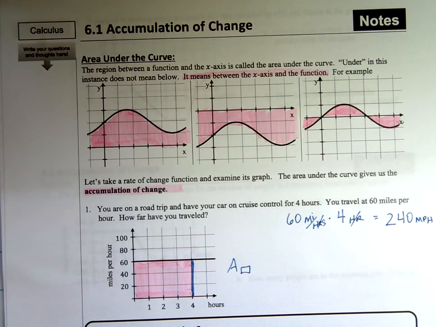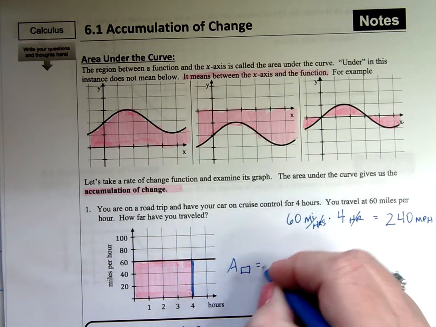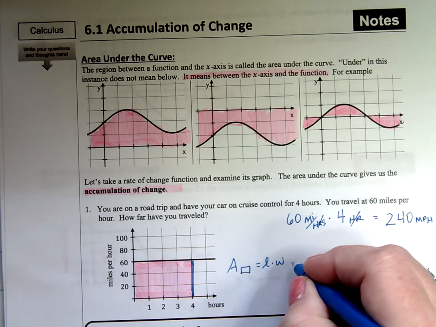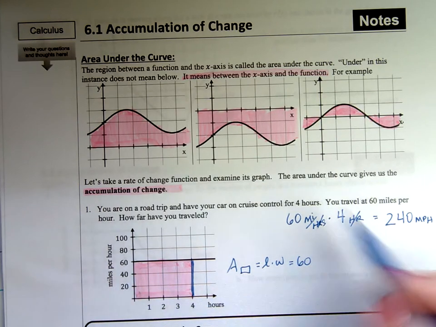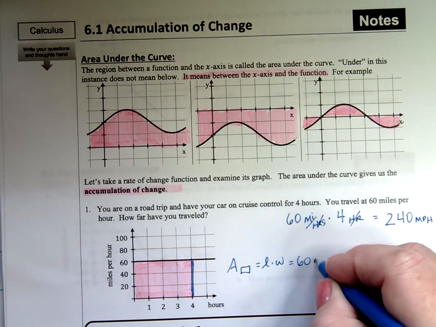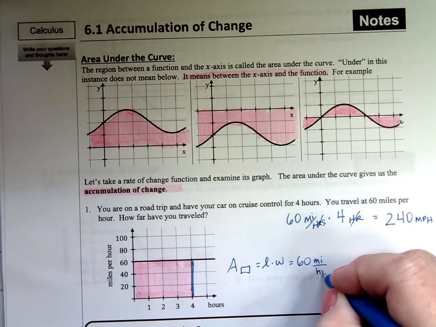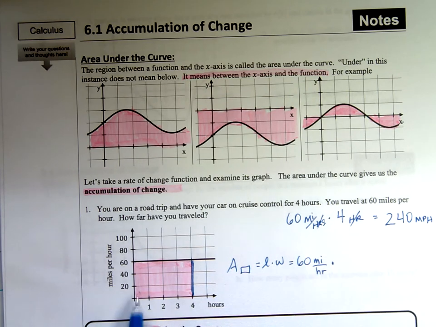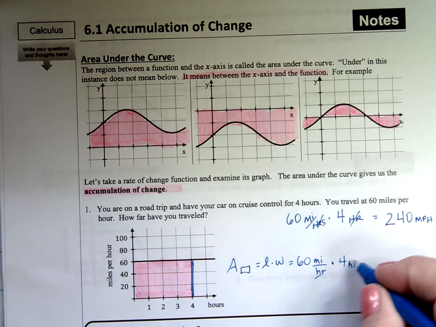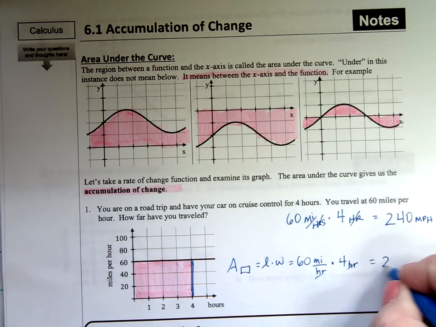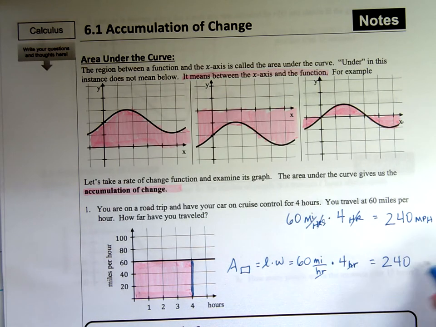The area of a rectangle, just like back in geometry actually, is the length times the width. In our case, we have 60 miles per hour. Watch your units there. Miles on top, hours on the bottom. And I'm multiplying that by the width, which is 4 hours. And lo and behold, hours cancel, and you've got your same answer, 240 miles.